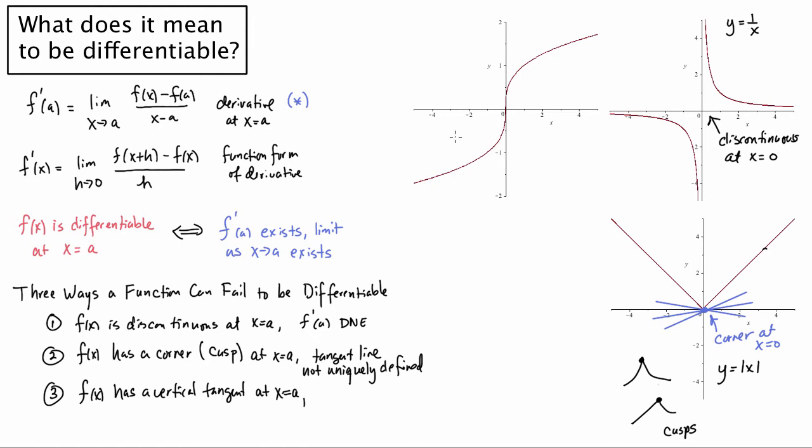If f of x has a vertical tangent at x equal to a, then the function fails to be differentiable there because the slope is actually undefined. The slope of the tangent line is undefined at that point. And so the limit exists, but it's infinity. And so in that particular case, we say that there is no clear limit at the point x equal to a. So the function has a vertical tangent at that point.